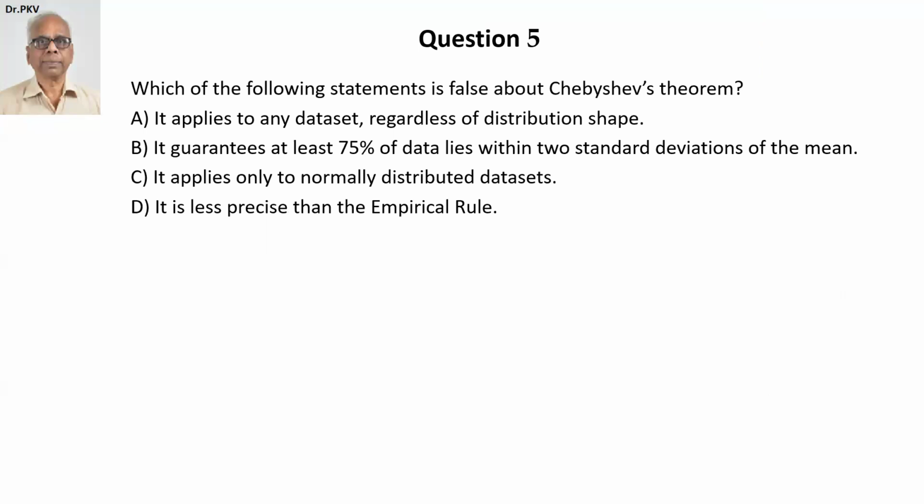B, it guarantees at least 75% of the data lies within 2 standard deviation departure from the mean. C, it applies only to normally distributed data sets. D, it is less precise than the empirical rule. Which is correct?